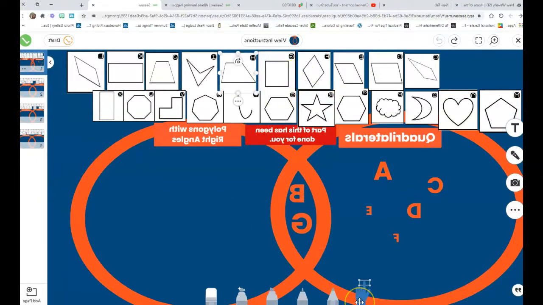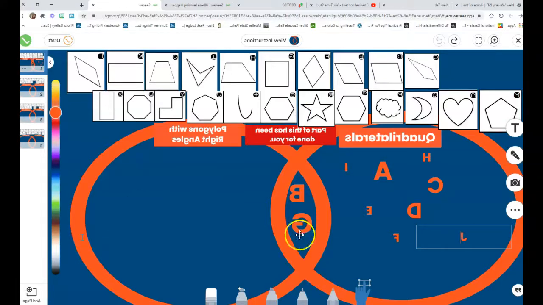H. Where would that go? Quadrilaterals. I. Quadrilaterals. Good. It has 4 sides. J. Quadrilaterals. Good. It has no right angles. Okay. K. Both.